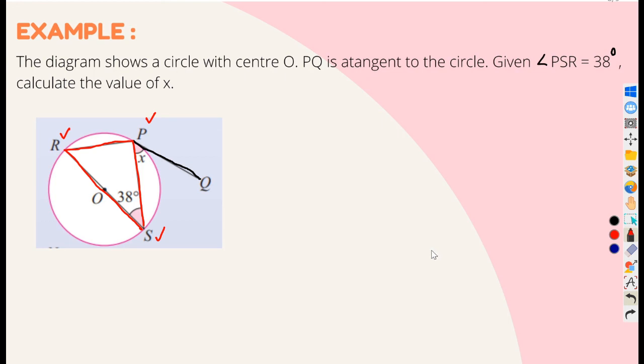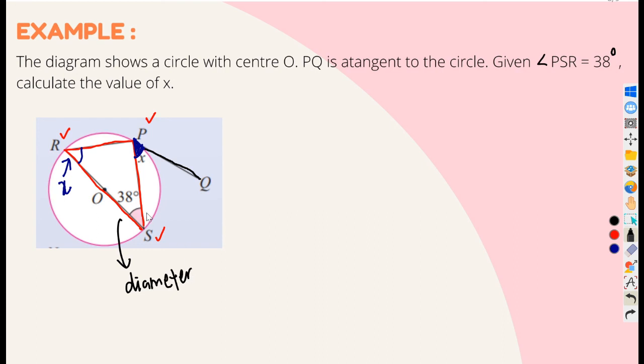So actually x is equal to, based on the relationship that we learned, this one is alternate to angle at R. So this one is also the same as x here. So we need to find the angle at R. As you can see, RS here is the diameter.